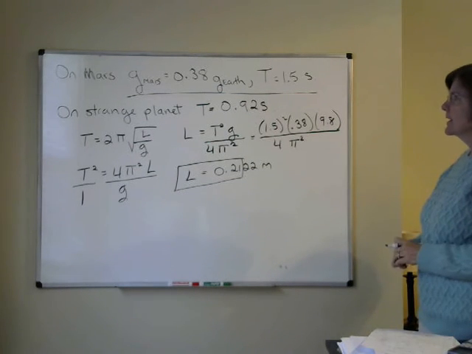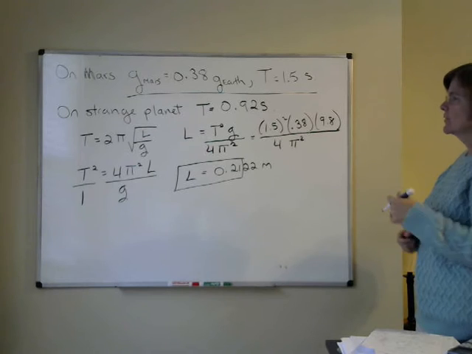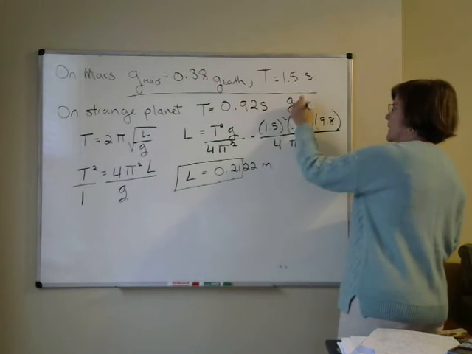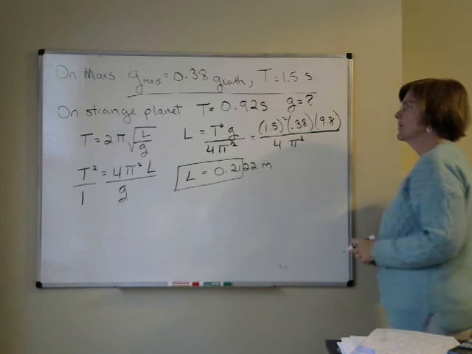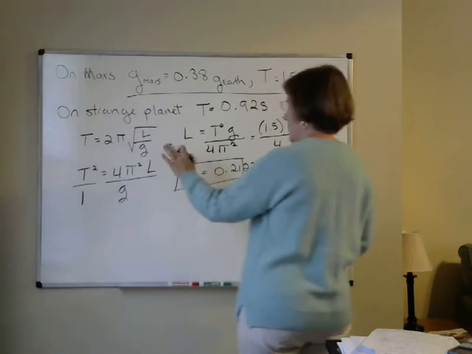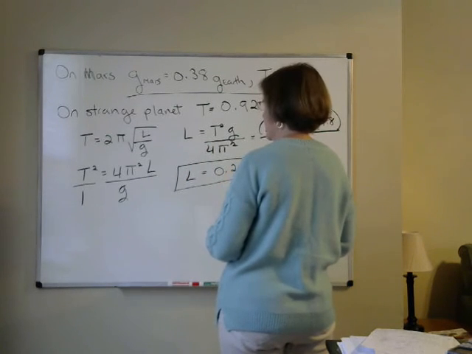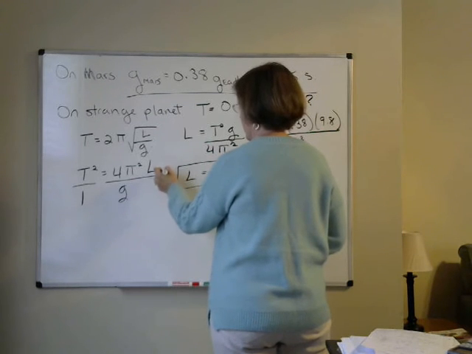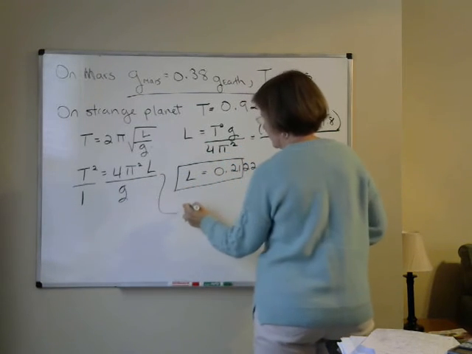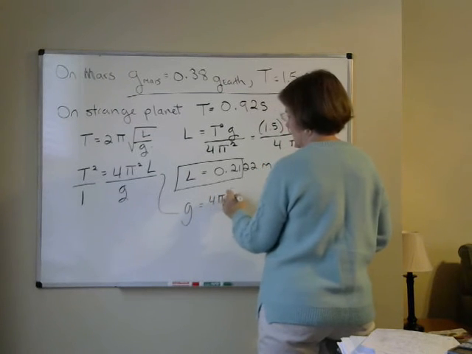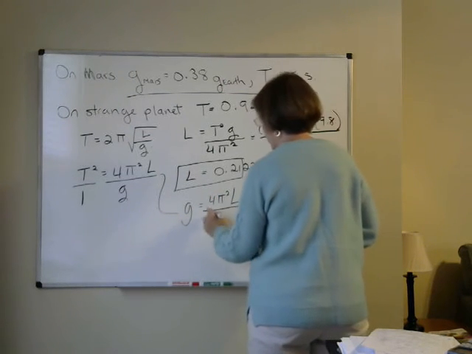So our next problem, I want to try to figure out what planet I'm on. Like I said, I think he must carry a table of gravitational constants with him. I'm going to solve for G. If I take this formula and I solve for G, G is equal to 4 pi squared L over T squared.